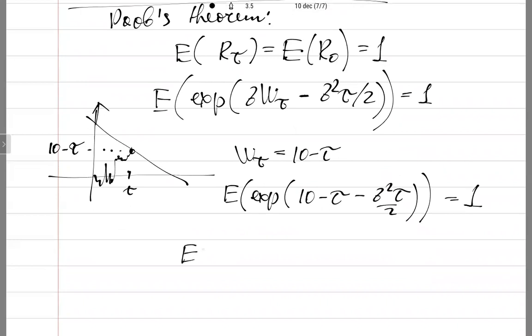So basically, the expected value of the exponent of 10, sorry, I can move out the exponent of 10. There should be sigma also in front of 10, right? Yes, you're right. And this 10 minus t is the Wiener process, right, given by the problem?